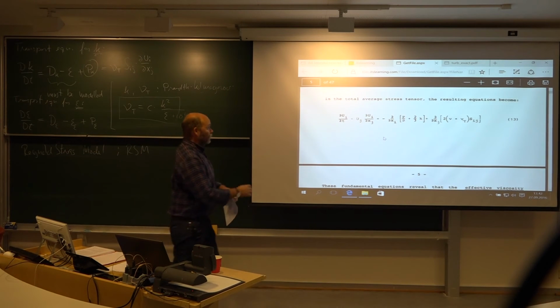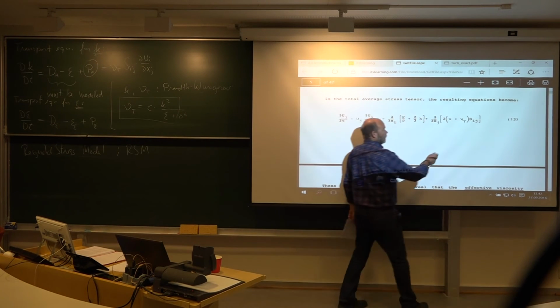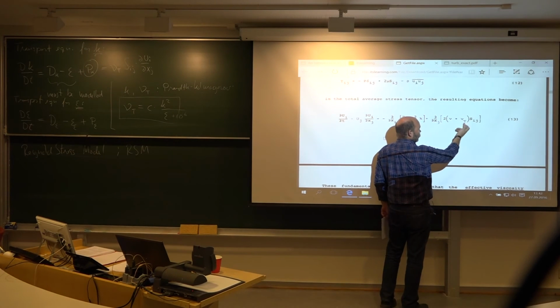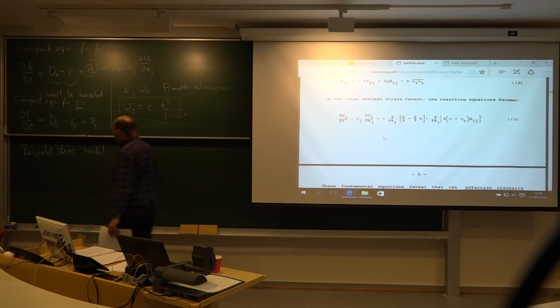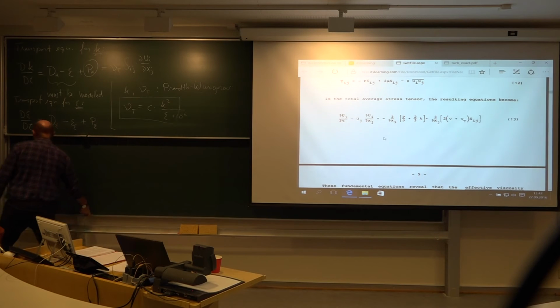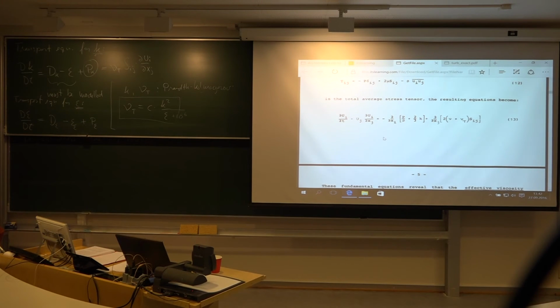Here I had inserted the eddy viscosity hypothesis. If you don't do it, then you will have the Reynolds stresses there. So what we want to do now is have full transport equations for all Reynolds stresses.